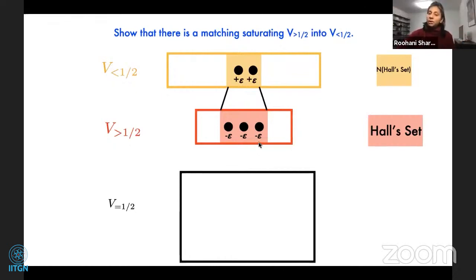Similarly, we can talk about the edges that go across the red and the black set. Even after this decrease, because I have ensured that the decrease is small enough that the vertex still has LP value strictly greater than half, for these kinds of edges also those constraints are satisfied. So the only edges for which the constraints might not be satisfied now are the edges that go between the yellow and the red set, because I might have decreased the LP values of the red endpoints, and these may not be compensated.